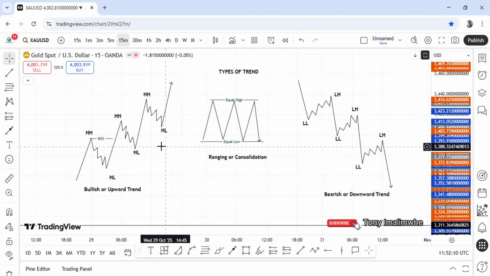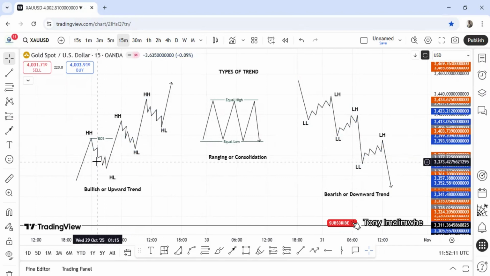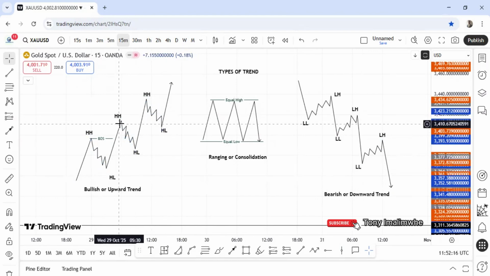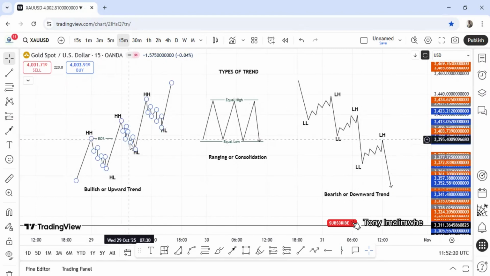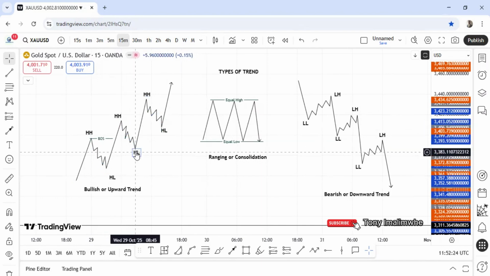However, in a bullish trend, one can take a trade on this retracement downward, but it requires a level of skill.